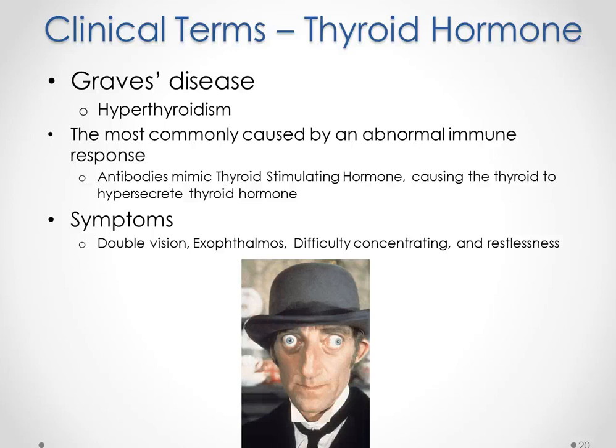In this case, the antibodies are going to attack the thyroid follicles, and when they attack the thyroid follicles, they start to mimic thyroid stimulating hormone. When these antibodies mimic thyroid stimulating hormone, instead of destroying the follicle, it's actually causing that thyroid to produce more and more thyroid hormone. So that's where the hypersecretion comes from.